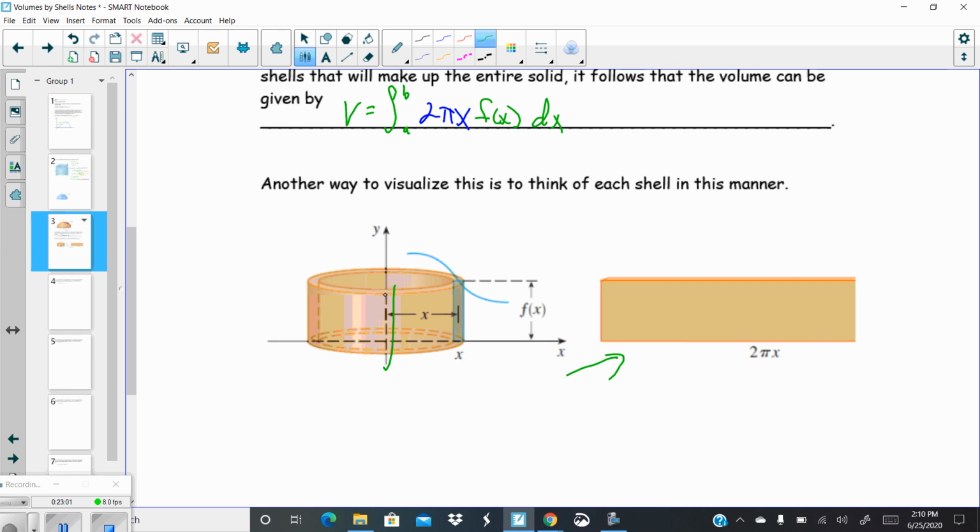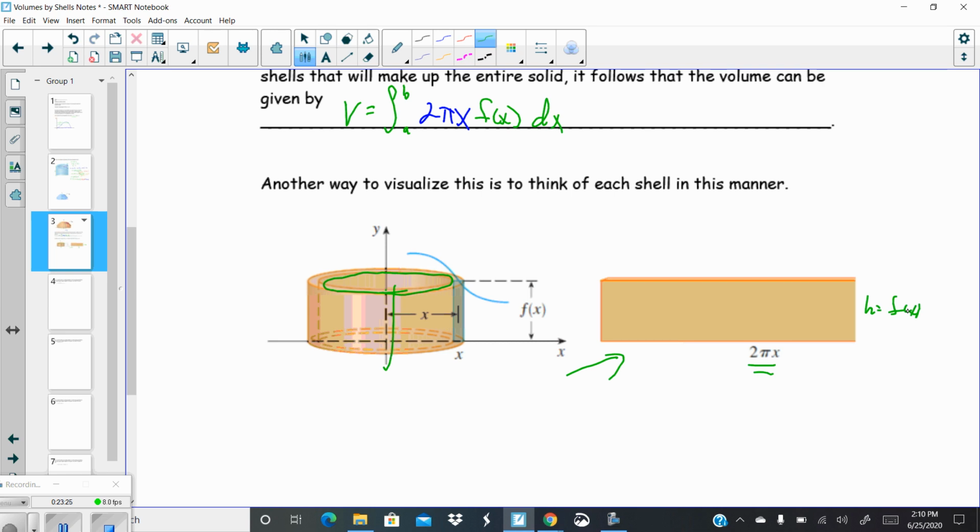If I were to go all the way around the outside of this thing right here, that's the circumference, that's the 2 pi r, in this case 2 pi x, because the r is x. So there is the length of your rectangular prism. The rectangular prism has a height to it, which in this case is f of x.